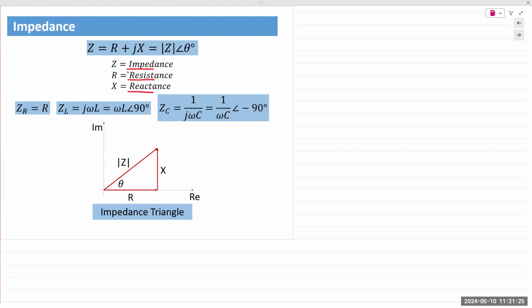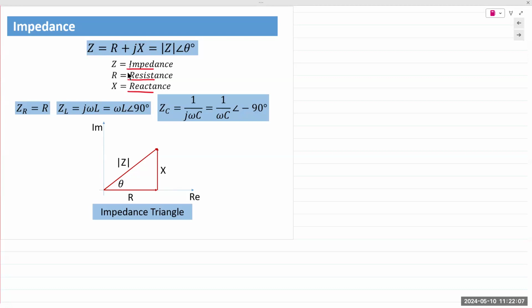Because we are using complex numbers to represent it, we represent resistance with the real component, and we represent reactance with the imaginary component J. So impedance is represented with Z. Z is a summation of the total reactance and the total resistance present in that component or that circuit. And mathematically, we write the expression R plus JX. J, of course, is the imaginary number I.